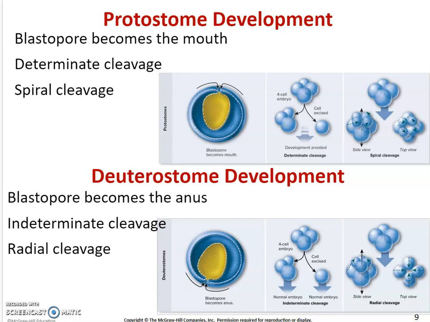And it creates this spiral type of cleavage. Where in a deuterostome, the blastopore becomes the anus first. And then it has a radial or symmetrical cleavage in that radial fashion where you could cut it through the center and see how that cleavage could form identical pieces.